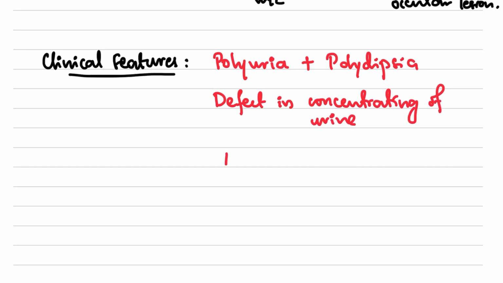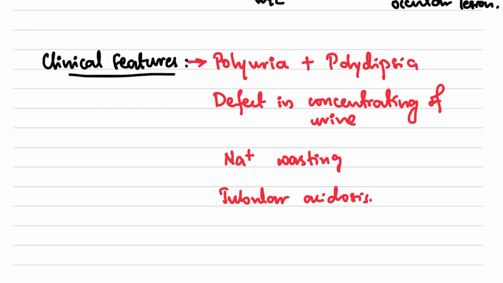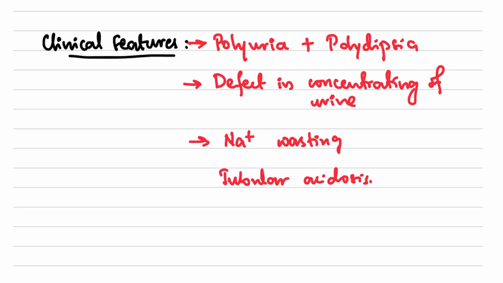There will also be sodium wasting, as well as tubular acidosis. These are the main clinical features: polyuria along with polydipsia, defect in concentrating ability of urine, along with sodium wasting as well as tubular acidosis.